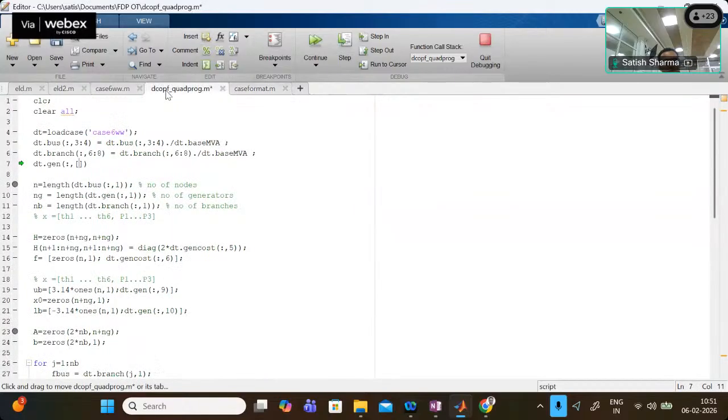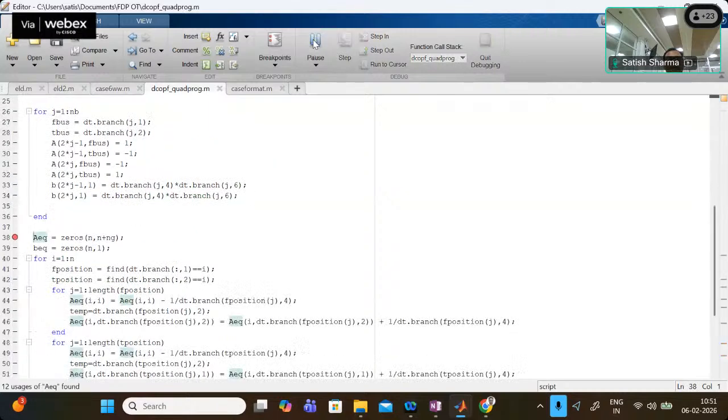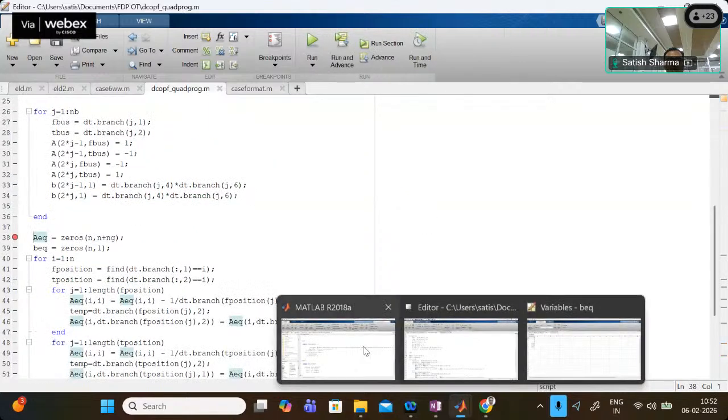I will put 4, 5, 9, 10, and these should be converted into per unit. So all of these divided by dt.baseMVA. Let me stop it and run it again. Let's hope no error is there and we are able to solve it.